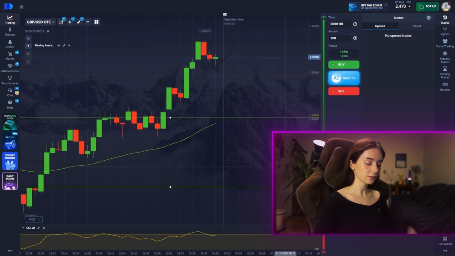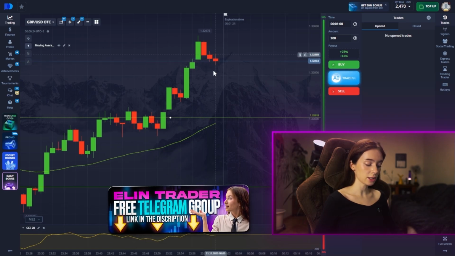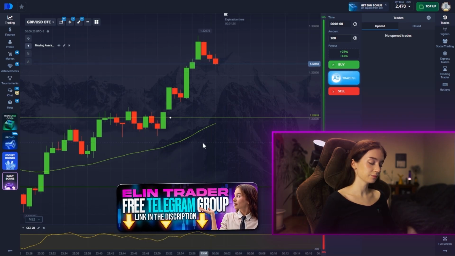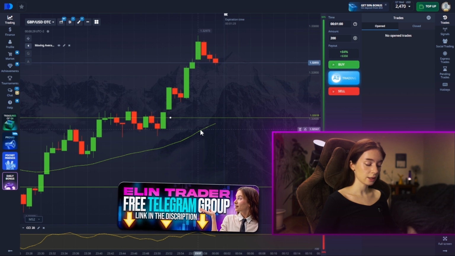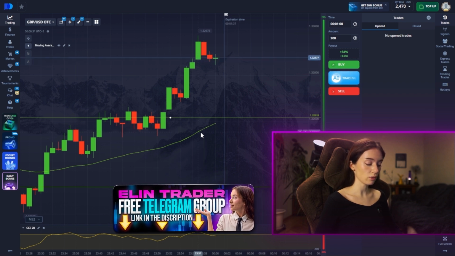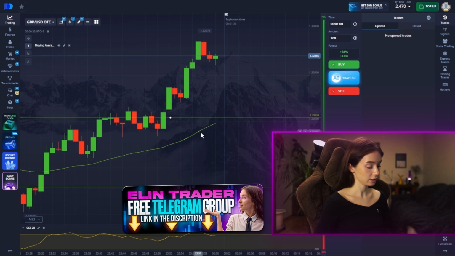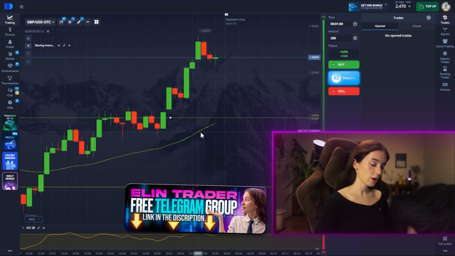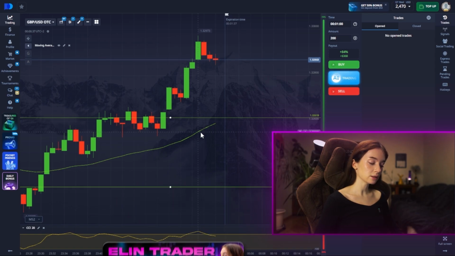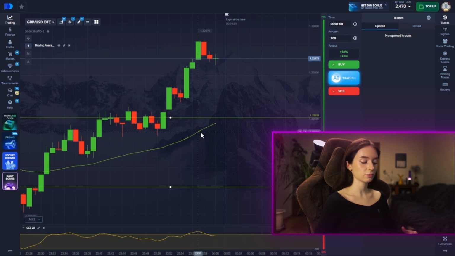In trading, if the price is above EMA and the line is upward, the logic is simple. The market is in an uptrend, so we look for buy entries. If the price is below EMA and the line is downwards, it's a downtrend.